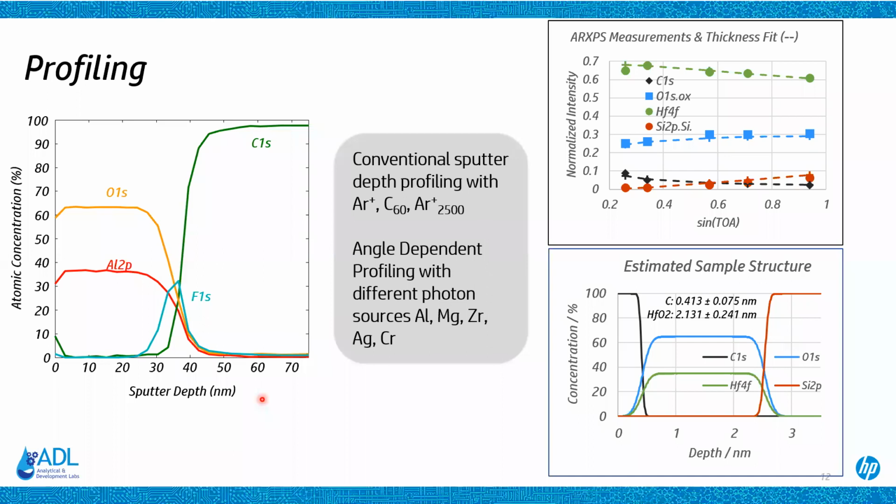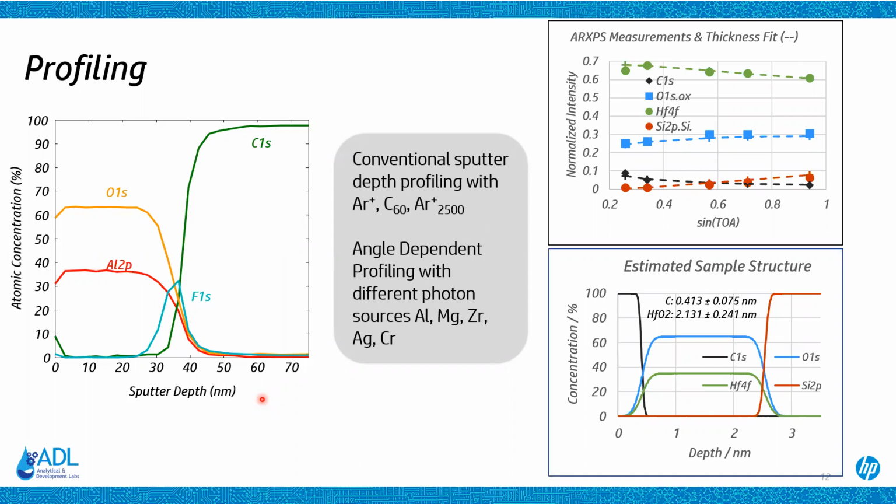Each of those has different utility for different material systems, and you can use them in combination to maximize their benefit. And another way that you can also look at thin films, which are not necessarily monolayer or very close to monolayer, is to do something like an angle-dependent profile.